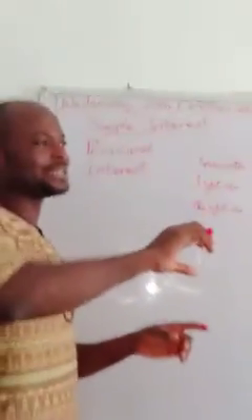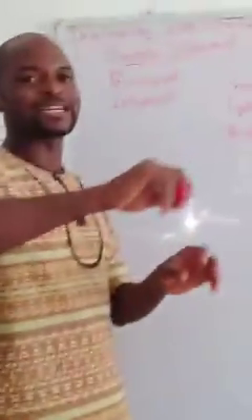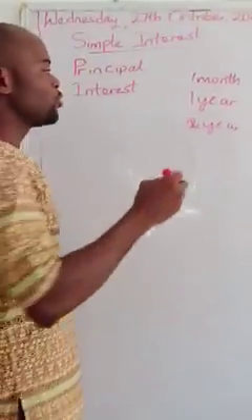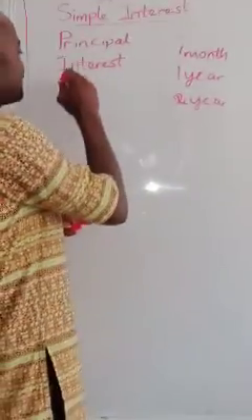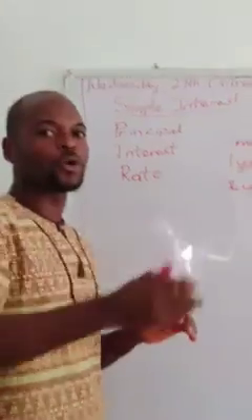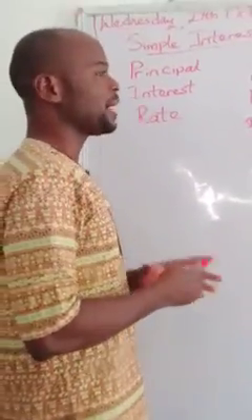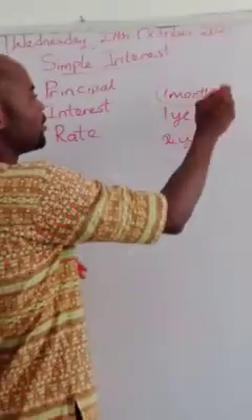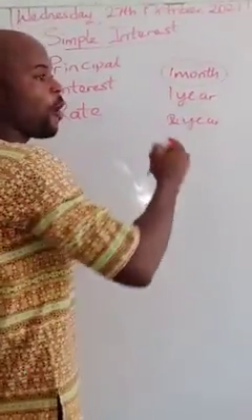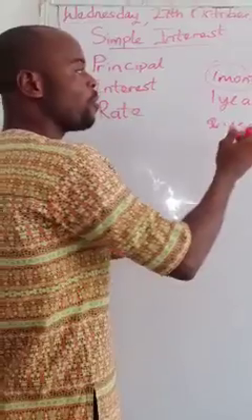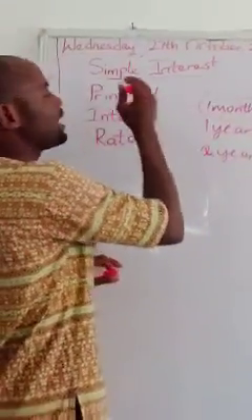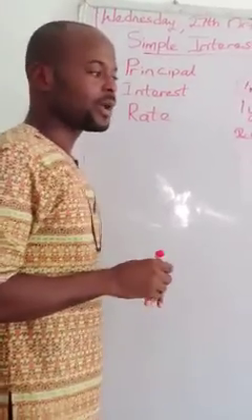The rate, the speed at which your principal will increase in the bank, is what we call rate. So they will tell you by so much or with so much rate. Rate is a number. They may say, if you leave your money in the bank for 1 month, the increase that will come on it after that 1 month may be 1%. That is 1% of your principal.